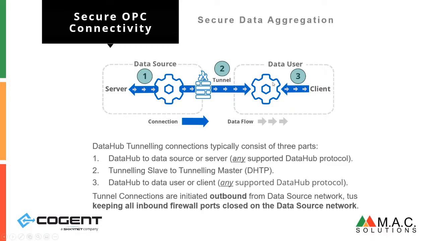So if the data user changes a set point or changes data, it can also be mirrored back into the source. The core here is that we are not opening up any inbound firewall ports. And so it's an outbound connection to the data user. There's no VPNs required. It's real time, so it's highly robust and highly scalable. How's that, Abdul? Yeah, perfect.